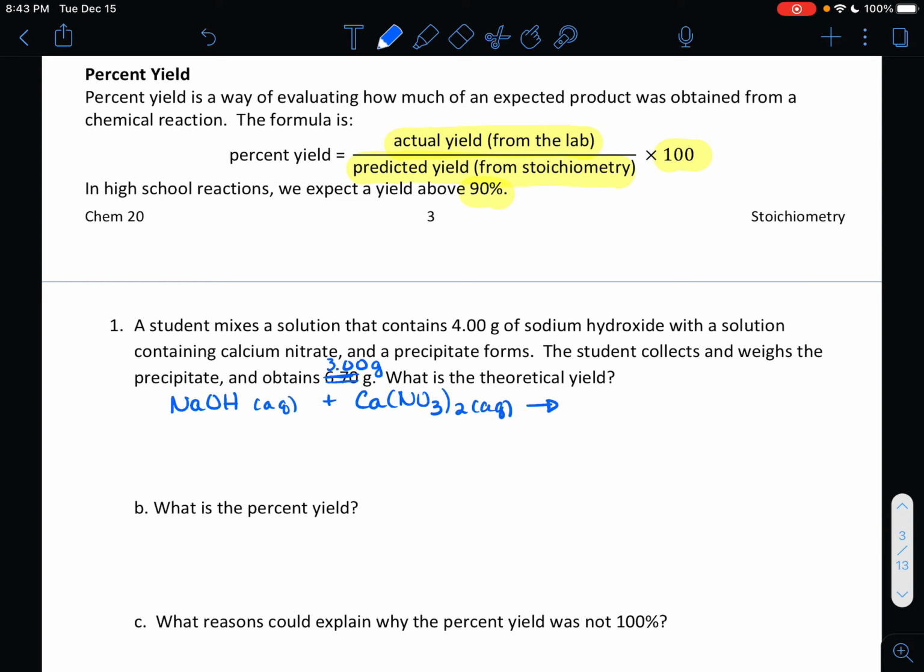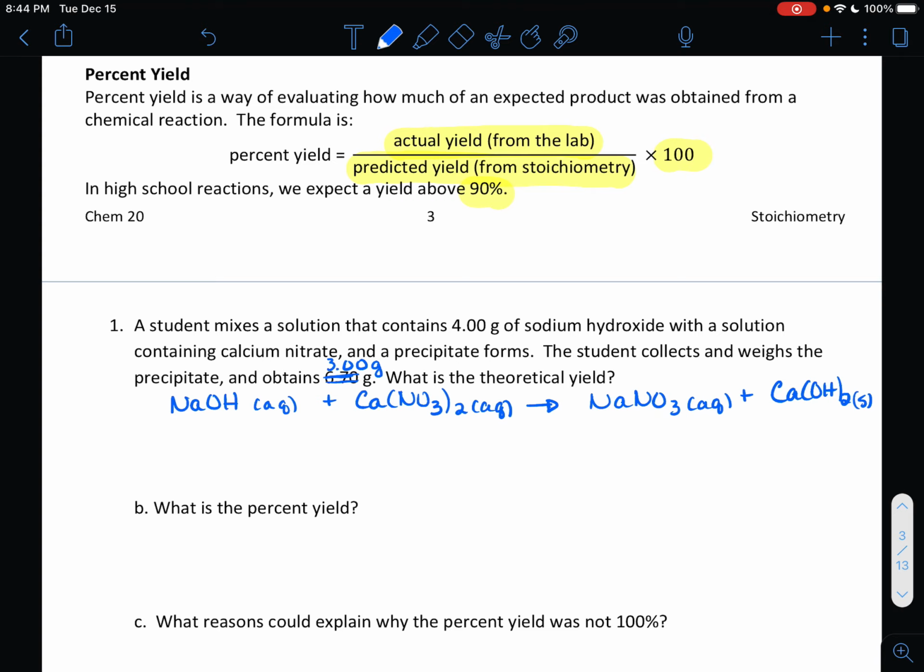And this is going to be a double replacement reaction. So we're going to get NaNO3 plus Ca(OH)2. And you can see the states that I'm giving my products. I determined those states by looking at my solubility chart to determine what they are.